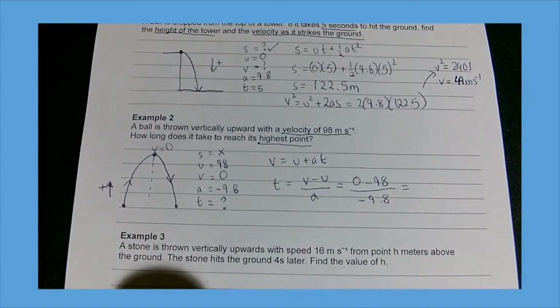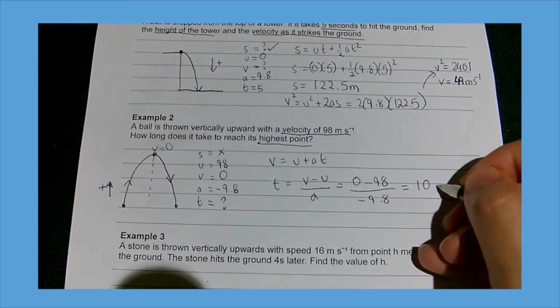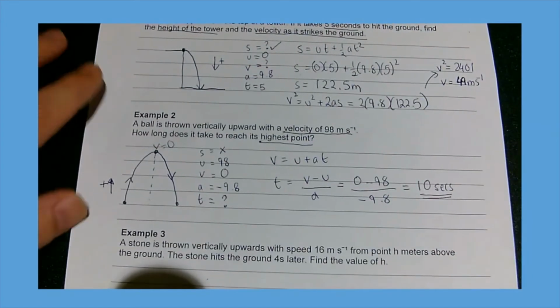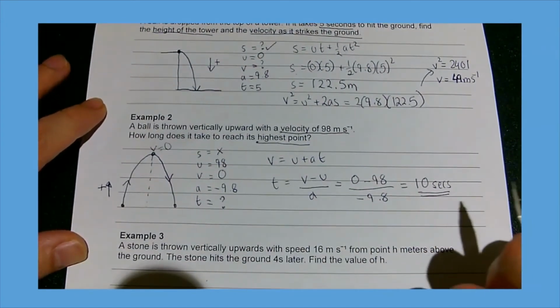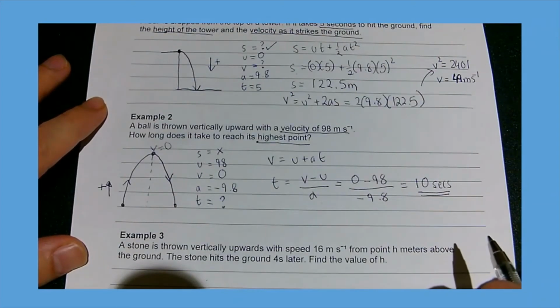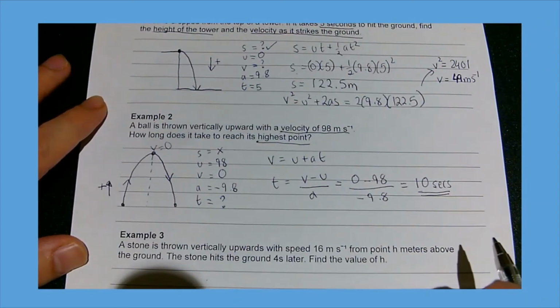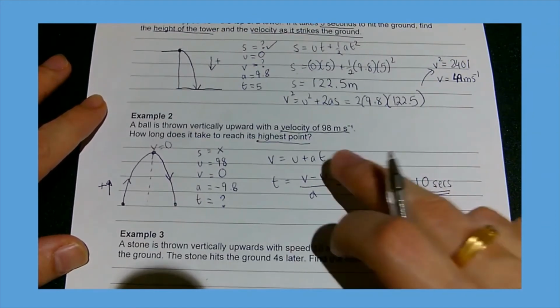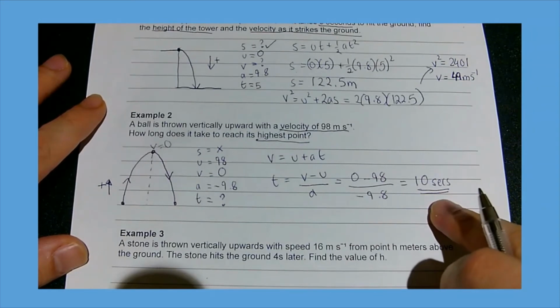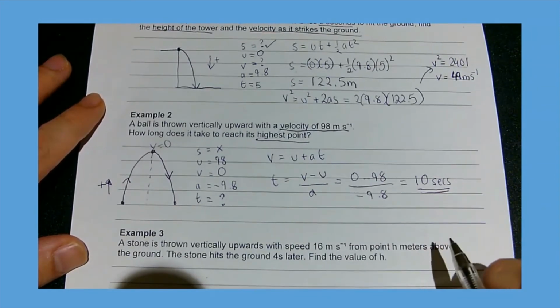Okay, so minus 98 divided by minus 9.8, which is 10 seconds. Now a velocity of 98 meters per second is quite a high velocity, so it's being thrown with some force in order to get that. So in order to reach that height, I would say that sounds appropriate, 10 seconds to reach that height.